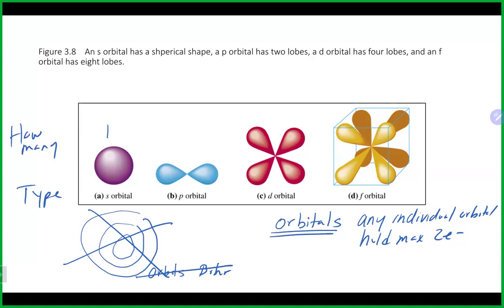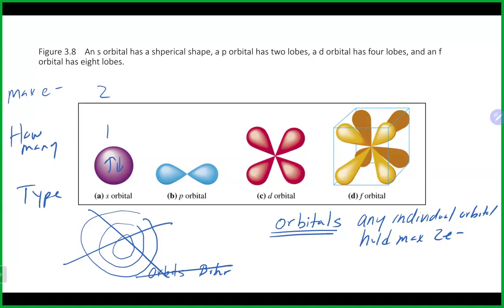So the one means that there's only one type of s orbital, no matter where you find it on any energy level, just one of them, which means if I maxed out the number of electrons I could put in that s orbital, how many electrons could I put in there? 2, right? If there's only one orbital possible, it's going to hold basically 2 electrons in there, if those arrows represent electrons, for example.